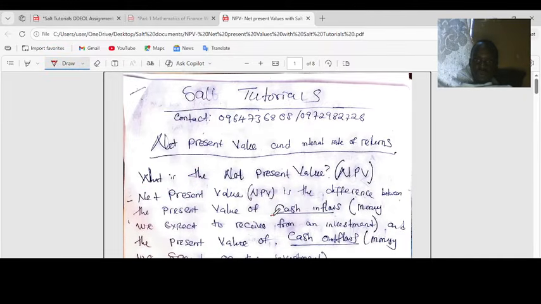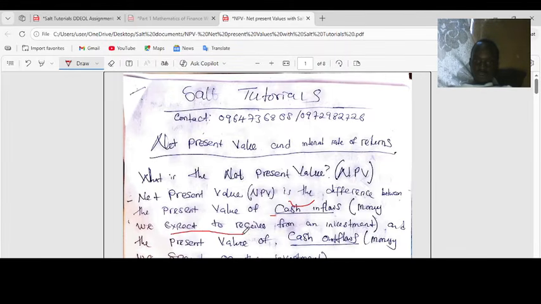So the difference between the present value for the cash inflows, what you are expecting to receive from an investment, and the present value for the cash outflows, money spent on the investment. That difference is what is going to give you the NPV, the net present value.